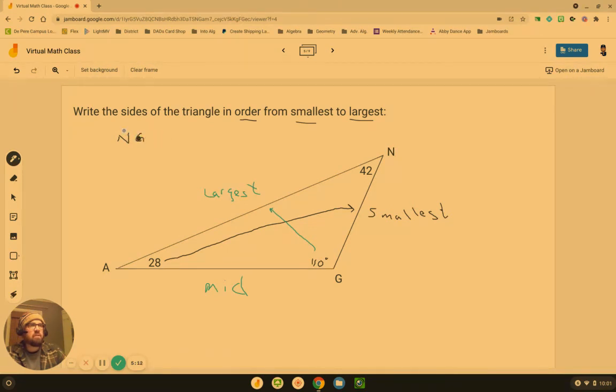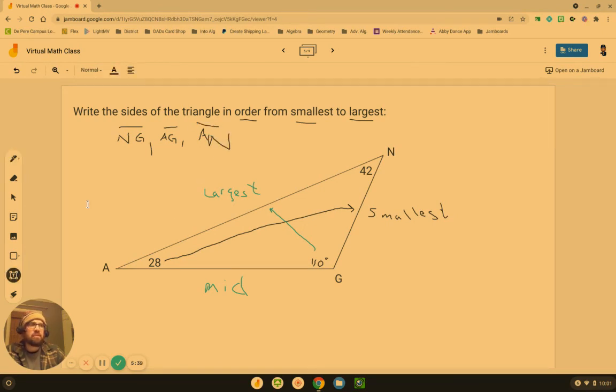Segment NG. We use that proper notation. That's the smallest. What's then the middle one, the next smallest? AG, or we could put it as GA, doesn't matter. A segment can go either way. You want to make sure you put that segment sign up on top if you're writing them down. And then the largest side is segment AN.